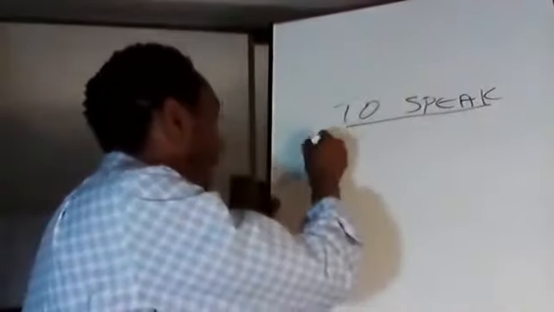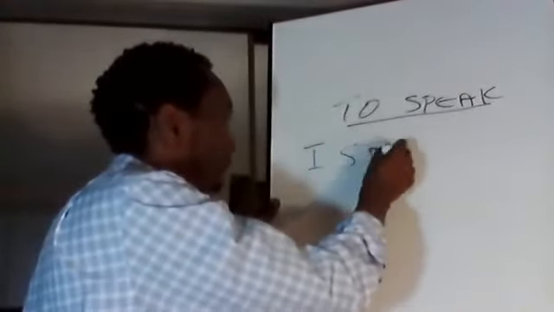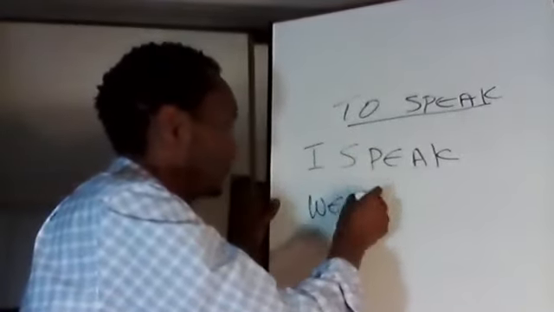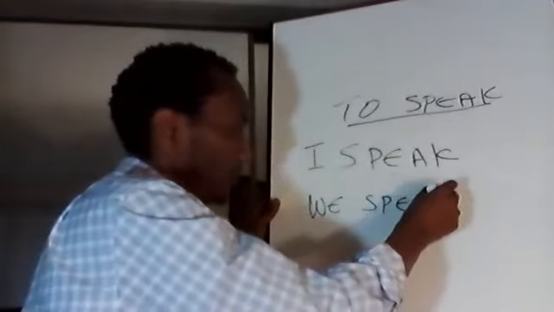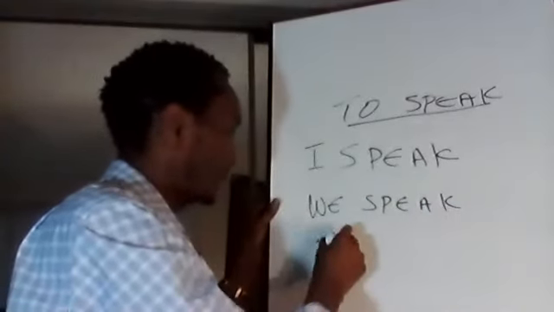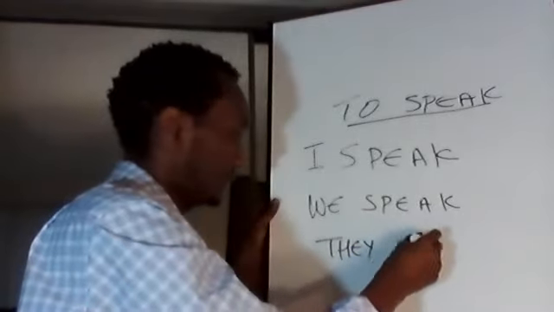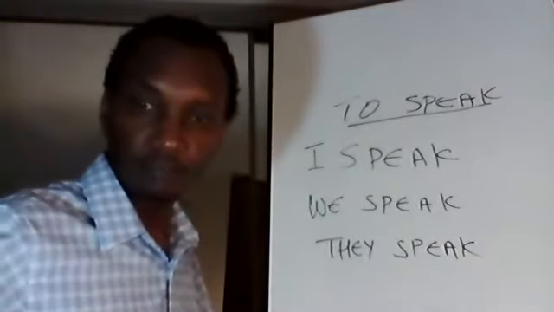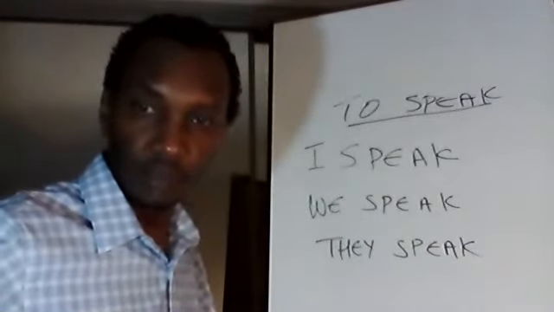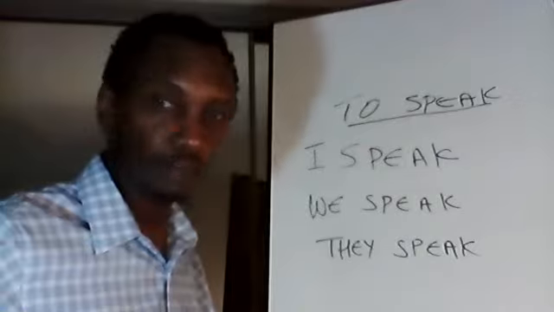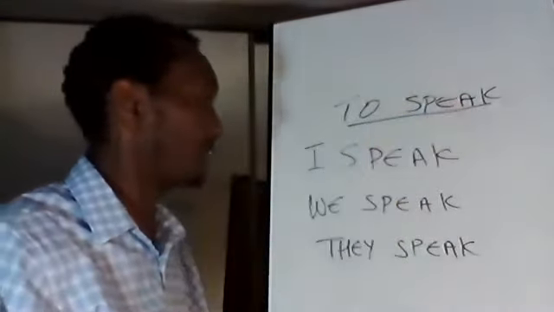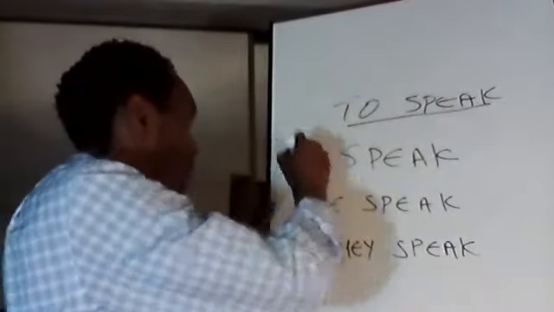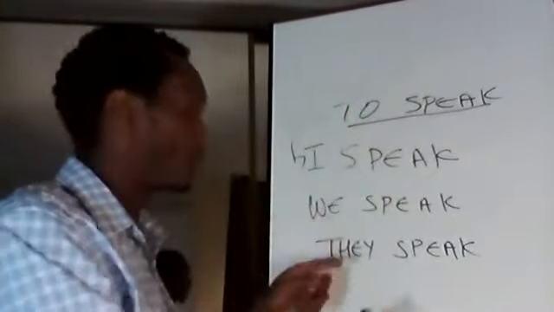For example, I speak, or we speak, or they speak. So you see, it's in the infinitive original form, and now it's conjugated to the first person, etc. So now it makes sense.